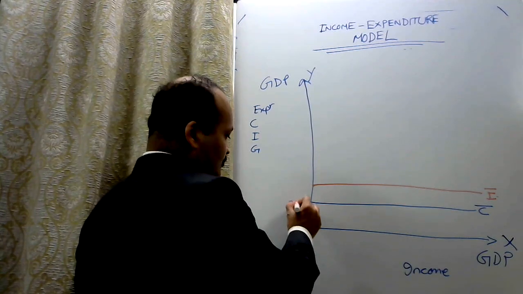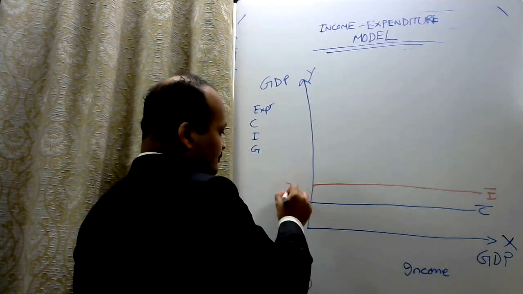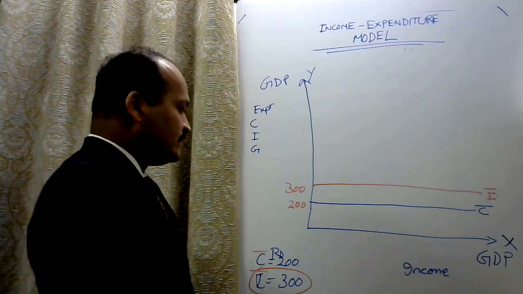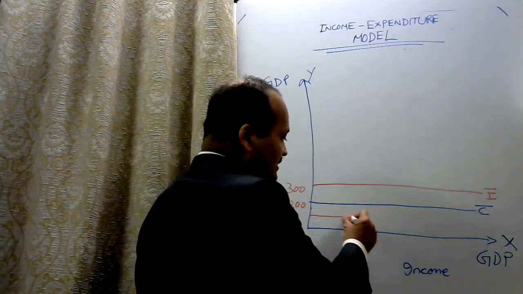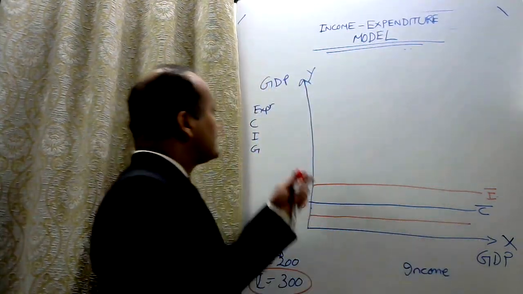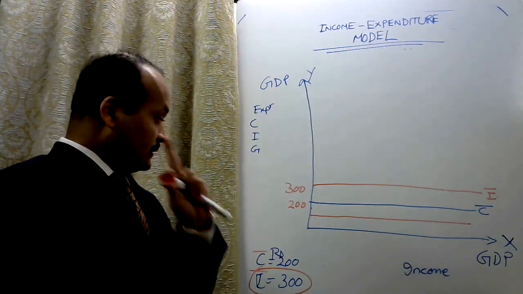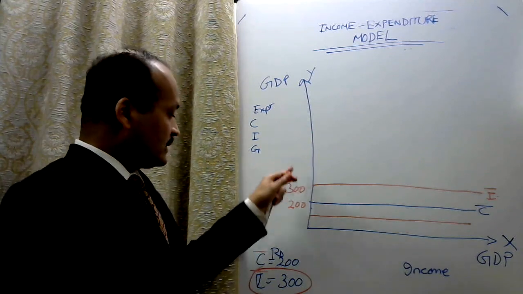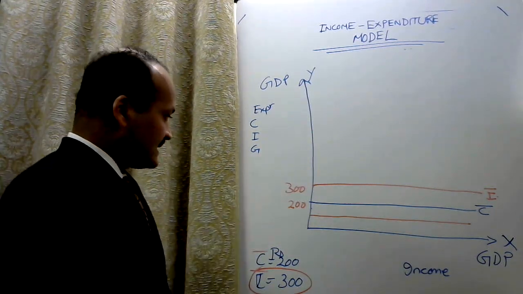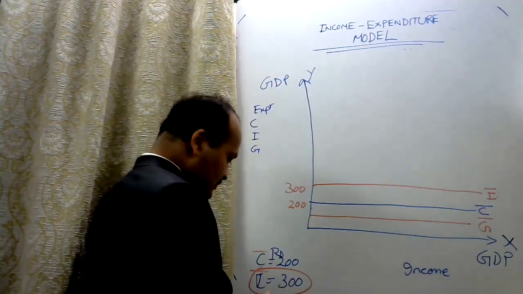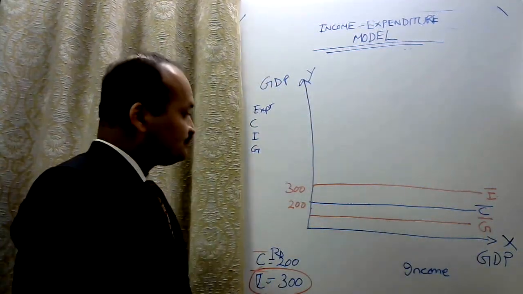So this is 200, this is 300. And suppose I have G, which is 100, government spending, because the different components of expenditure are put here. I am putting these numbers on the y-axis. Suppose this is G is equal to G bar, which is given as 100.